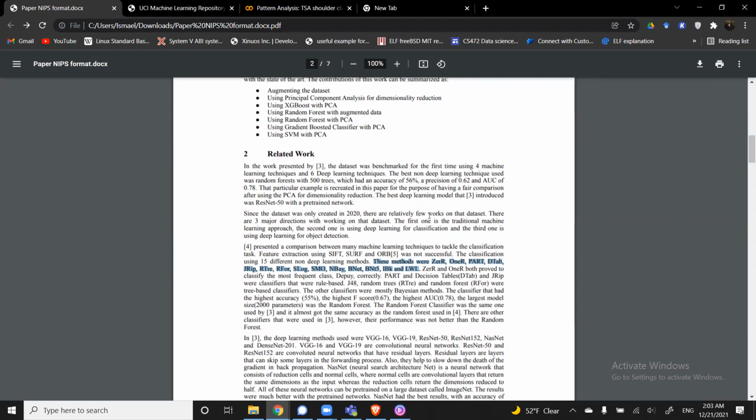So the people who made the dataset benchmarked it using multiple machine learning techniques. The best one of them was the random forest classifier, which got an accuracy of 56%.